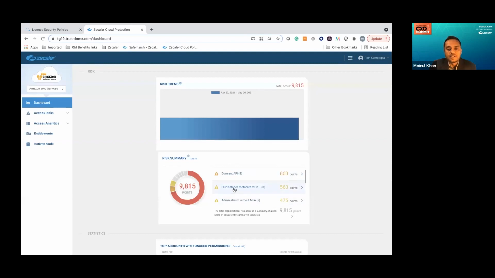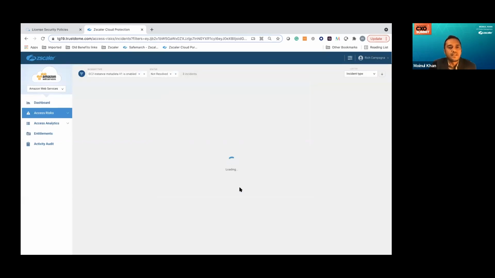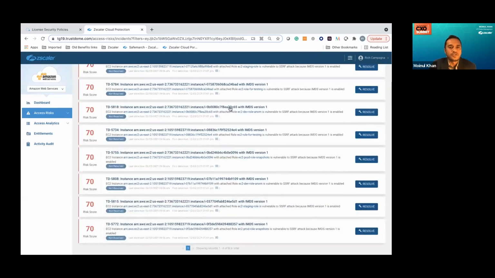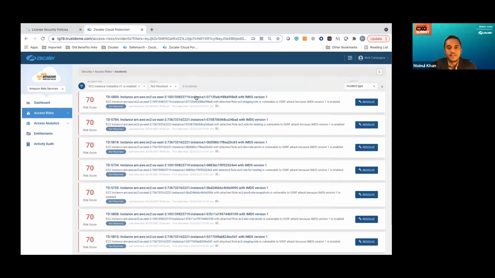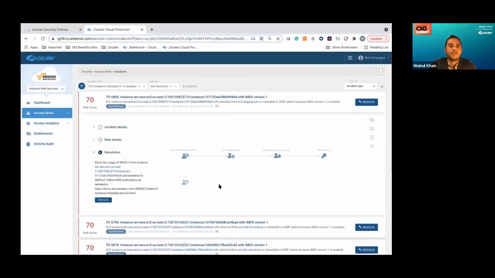And interestingly, this is a signature that we have built that basically detects if you have bad configuration in terms of this IMDS construct that I was talking about, right? So essentially, what this is telling you is that for this particular workload, IMDS version 1 is configured.